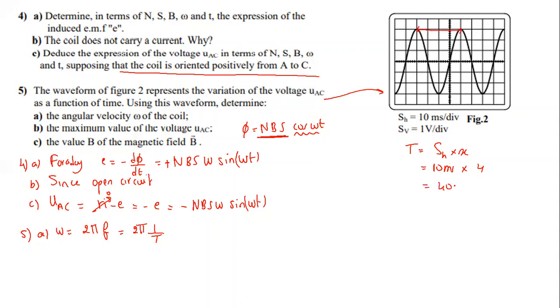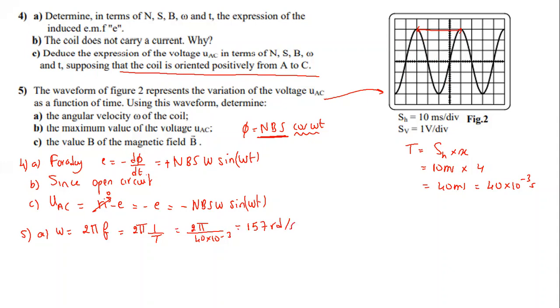So it's equal to 40 millisecond, which means 40 times 10 to the power minus 3 seconds. And by substitution here, we'll get 157 radian per second.